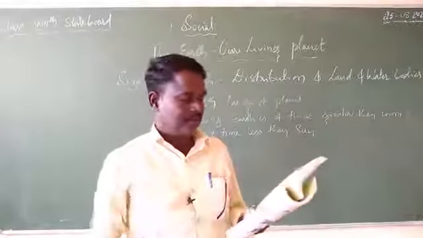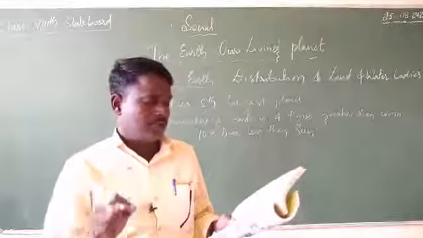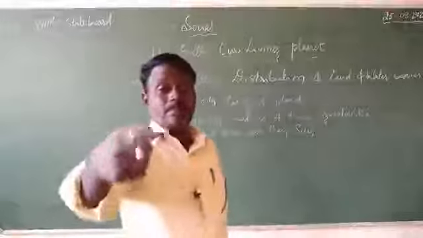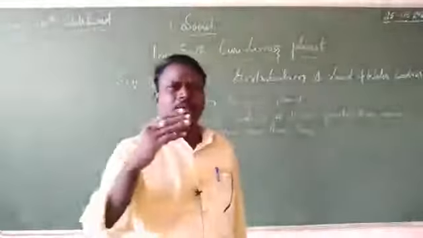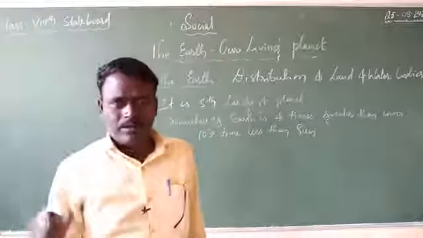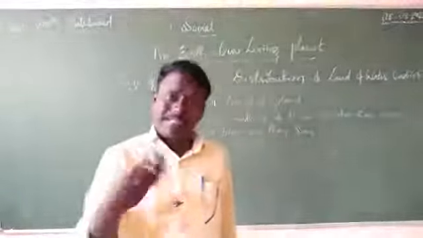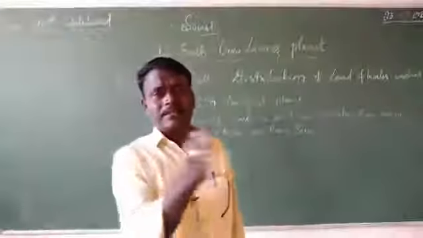The land and water bodies are unevenly distributed between the northern hemisphere and the southern hemisphere. Once we compare the distribution of land and water bodies from the northern hemisphere to the southern hemisphere, here also we come across uneven distribution.